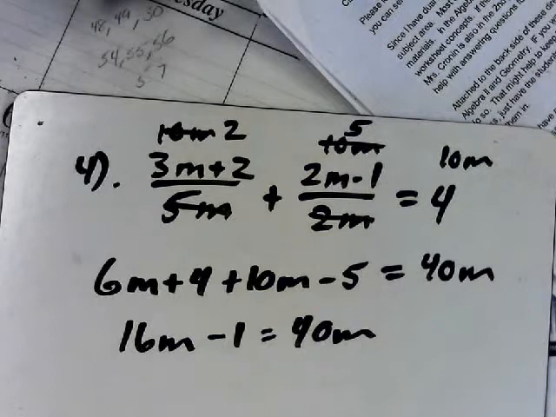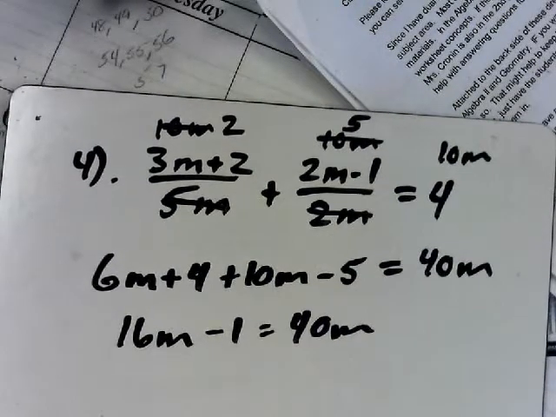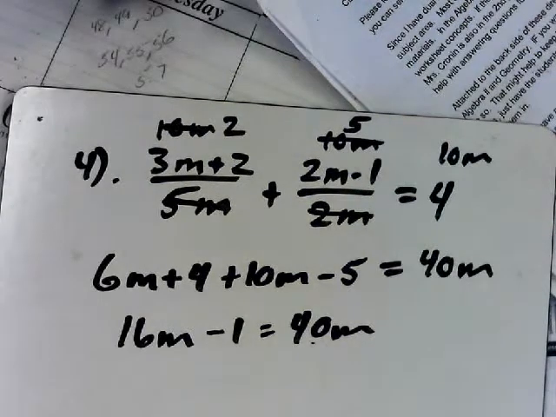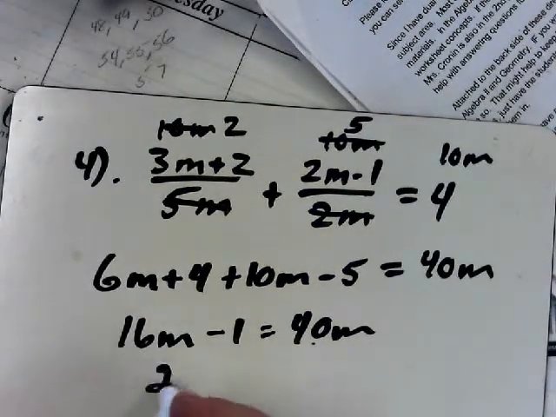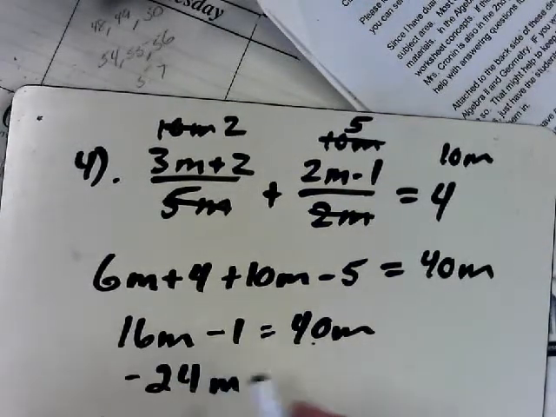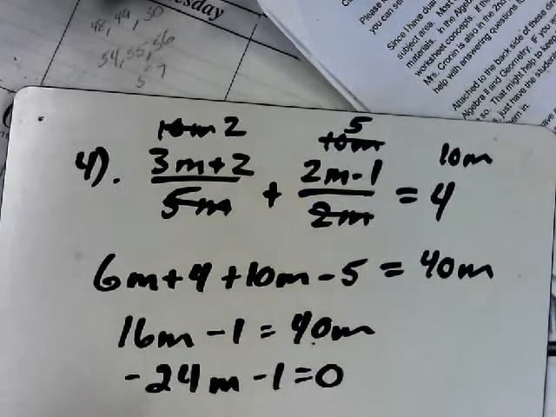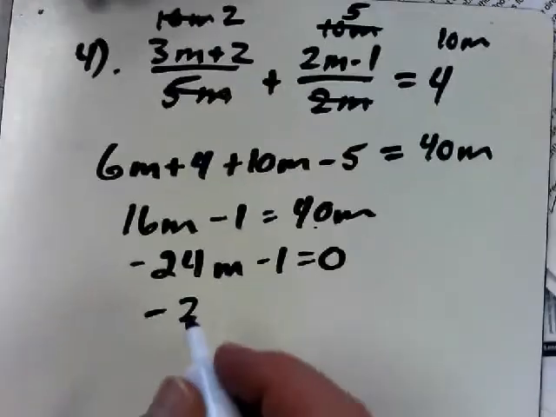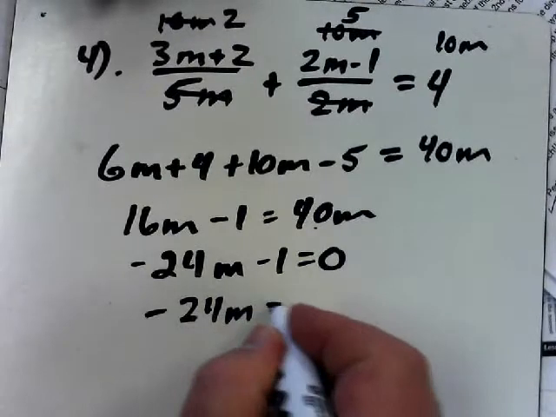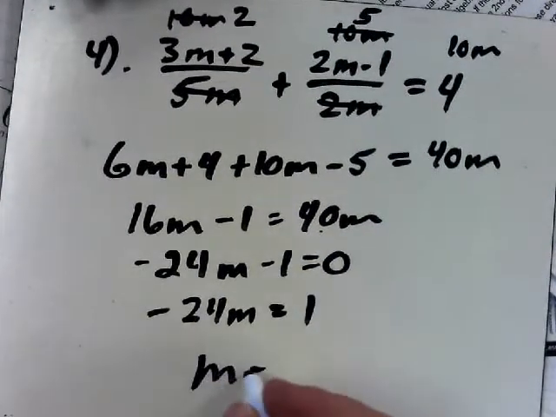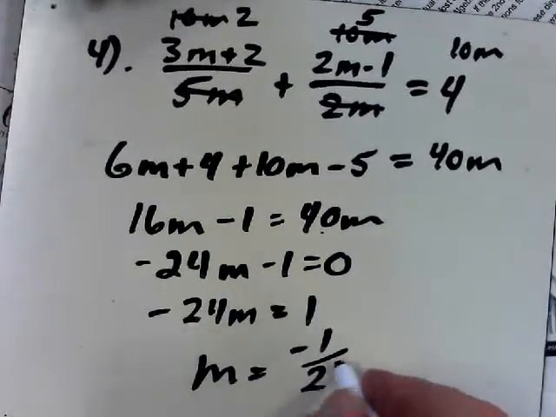Left or right? Left? So that means I got to subtract 40m. I believe that'll give me a negative 24m minus 1 equals 0. So a negative 24m equals 1. So m would be a negative 1/24.